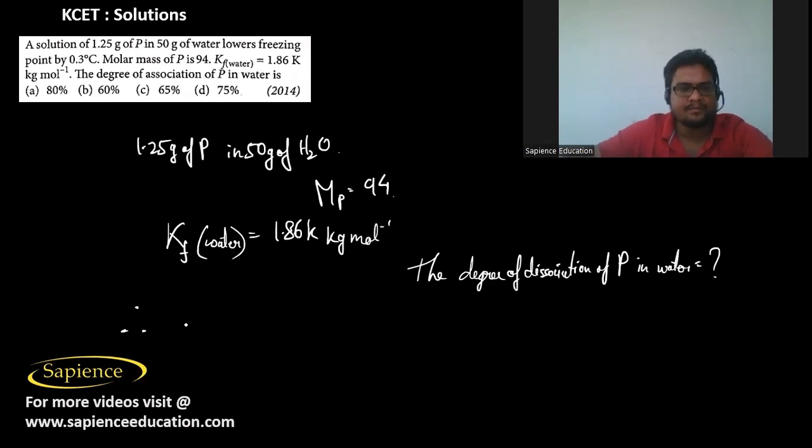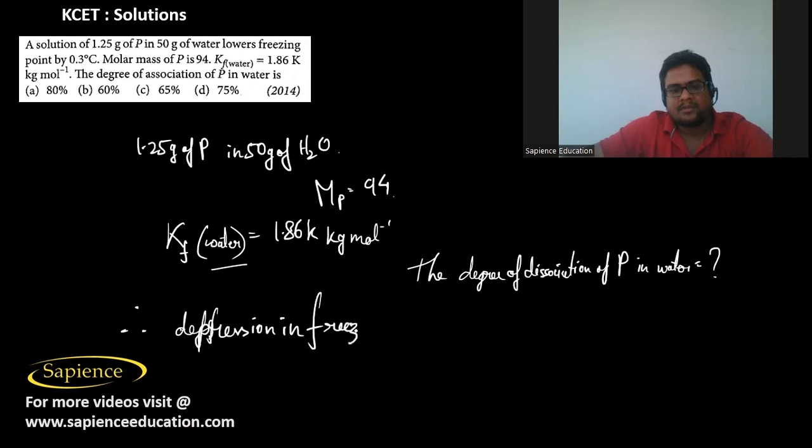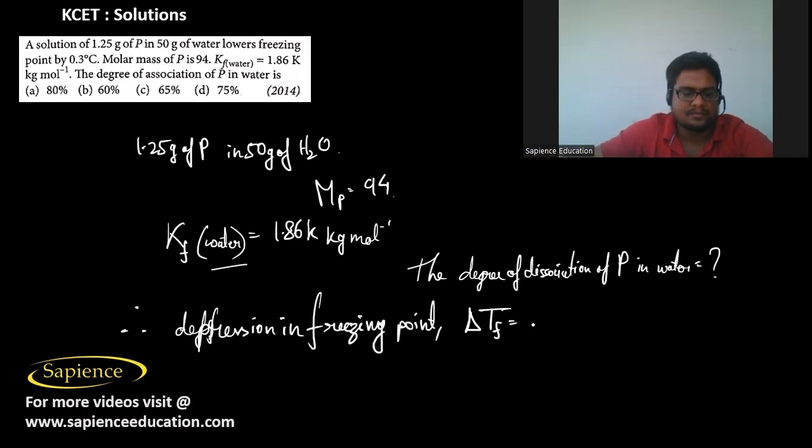Okay, so here the Kf value is given. So we know that according to the rule of the depression in freezing point, that is delta Tf, that will be equal to i into m into Kf.